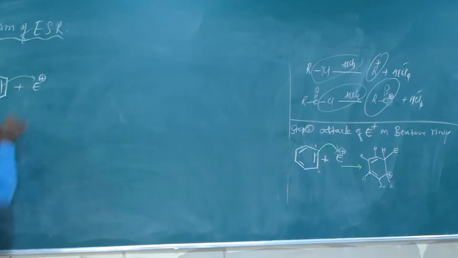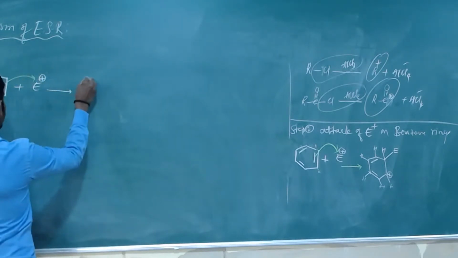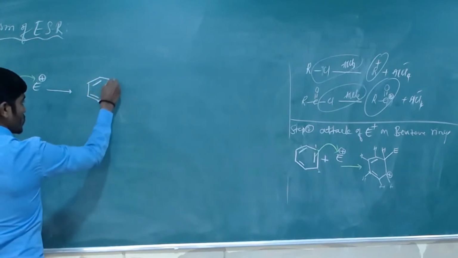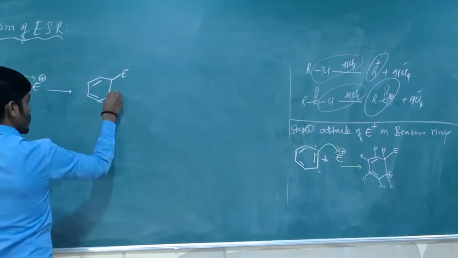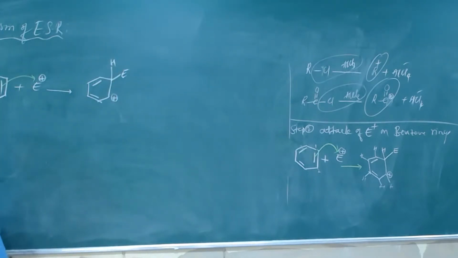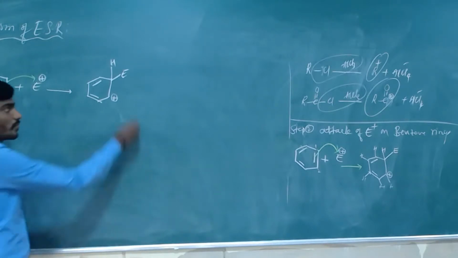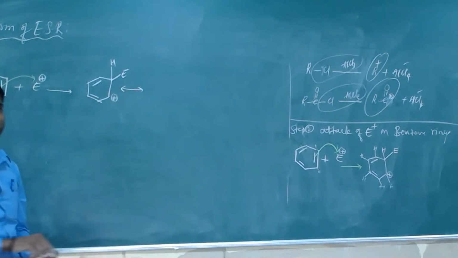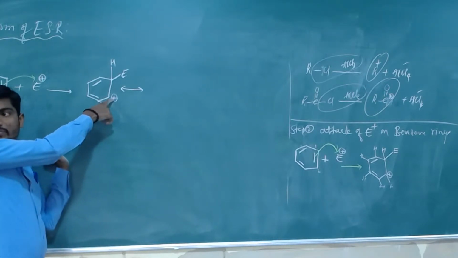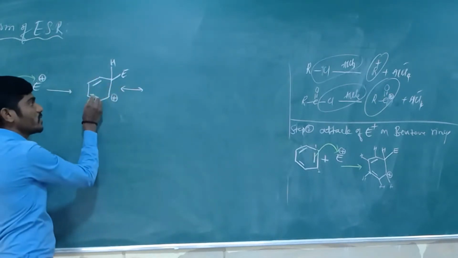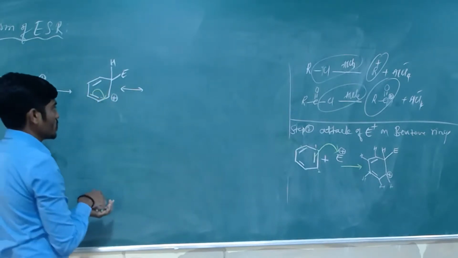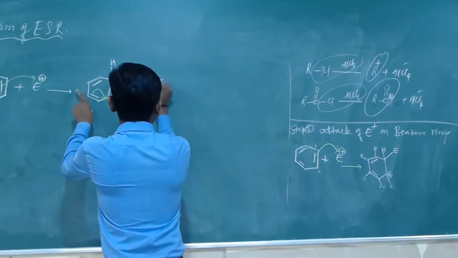This gives rise to an intermediate structure which undergoes resonance stabilization, and this will be plus. Now it involves resonance. To stabilize this carbocation, the adjacent pi bond will be shifted. So what will be the charge? Next resonating structure, benzene ring.